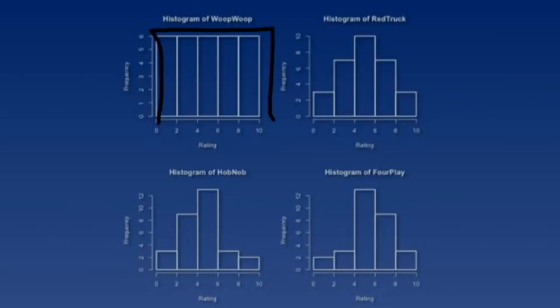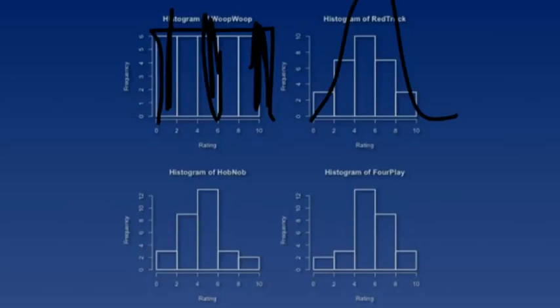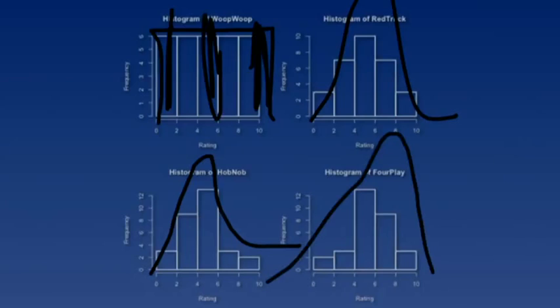So the ratings were all over the place. Some of the wine raters loved it, some of them hated it, some of them thought it was average. They were all over the place. That's a uniform distribution. Red Truck is showing this nice normal distribution. Hobnob is showing a positive skew, and Foreplay is showing a negative skew.